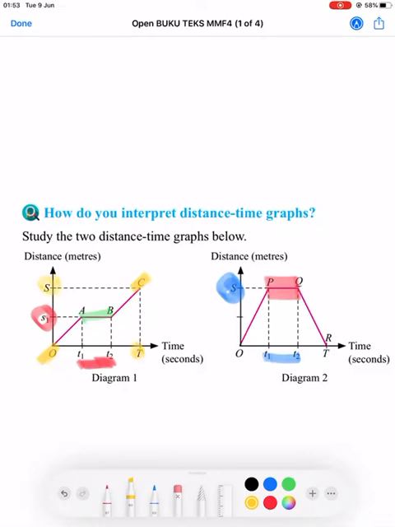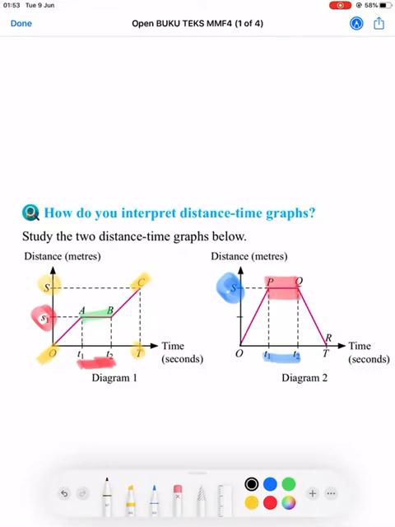How do we interpret diagram 2? We would say the motion of 2S meters.